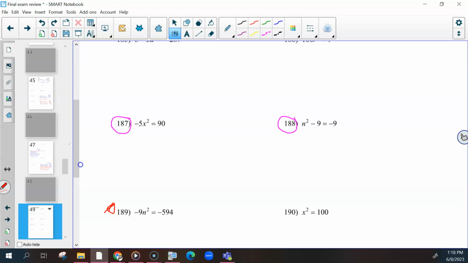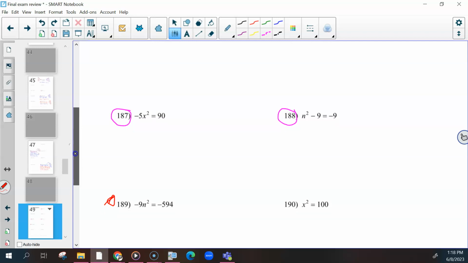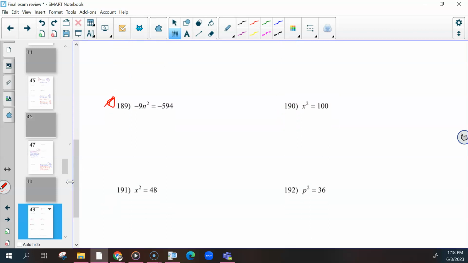Any others? For all of these, you are trying to get the variable by itself. So divide both sides by negative 9.